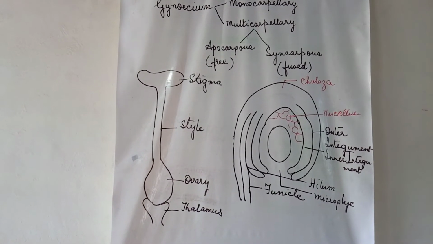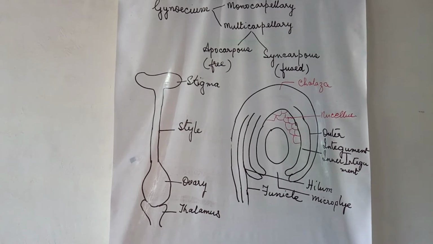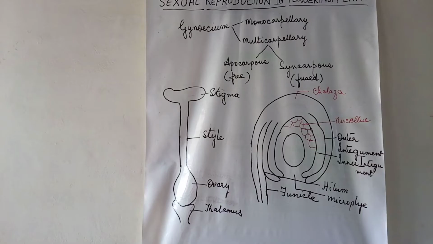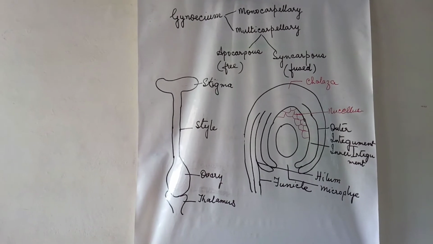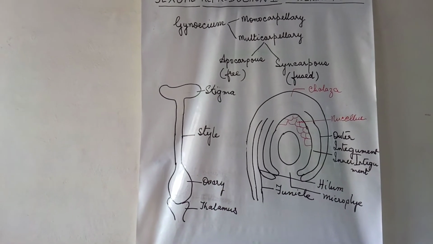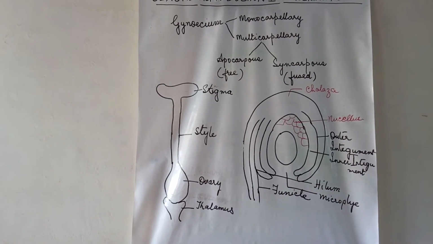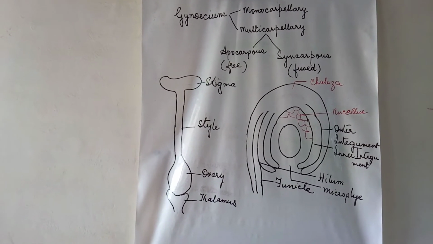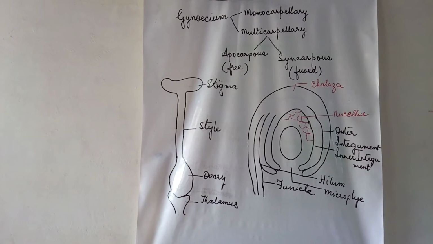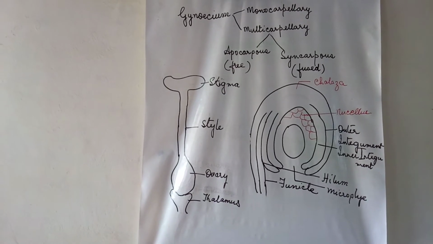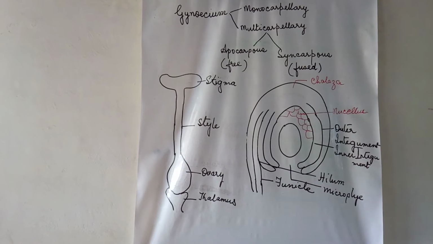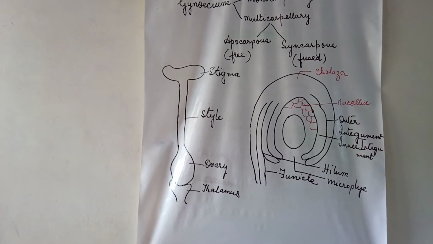It is the most common type of ovule found among angiosperms. Based on the shape and orientation of micropyle and chalaza in relation to the funicle, angiospermic ovules are of many types, for example the orthotropous ovule, amphitropous ovule, hemitropous ovule, and campylotropous ovule.